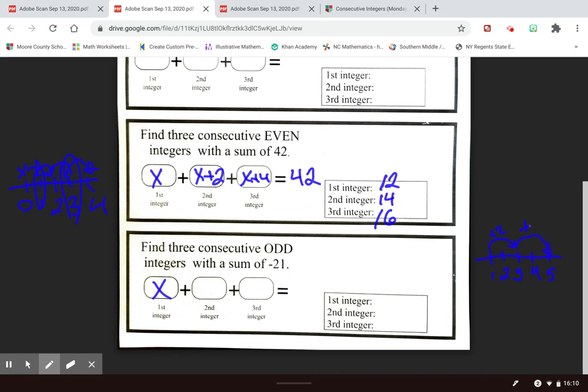So again, that would be adding 2 more from 1 to 2, so that would be a +4. Because remember, you have to skip, in this case, the even number in between. So we're going to have x plus x plus 2 plus x plus 4 equals a negative 21.